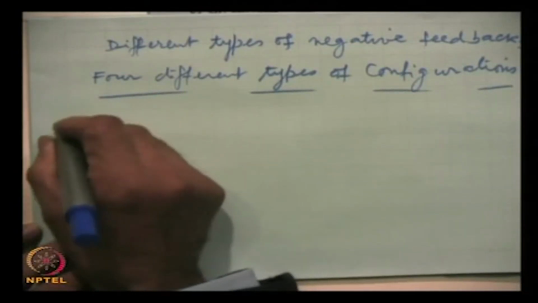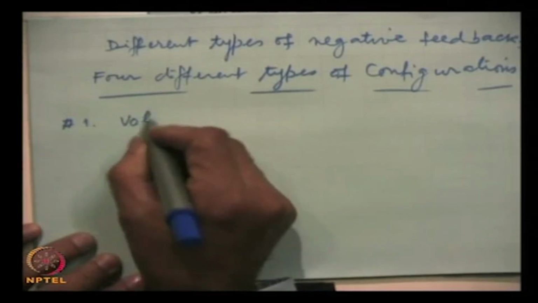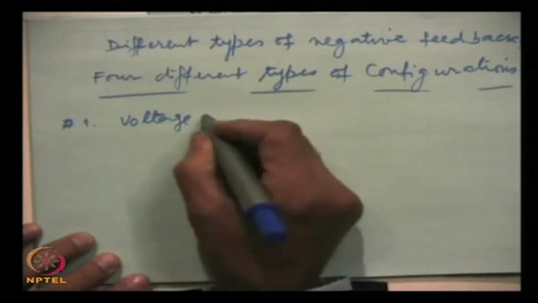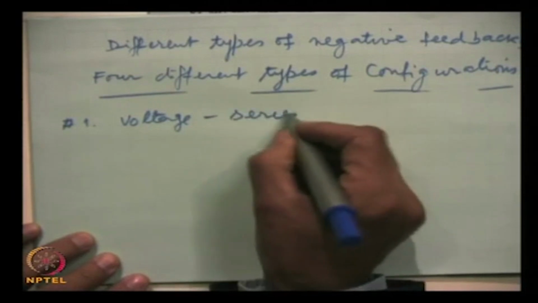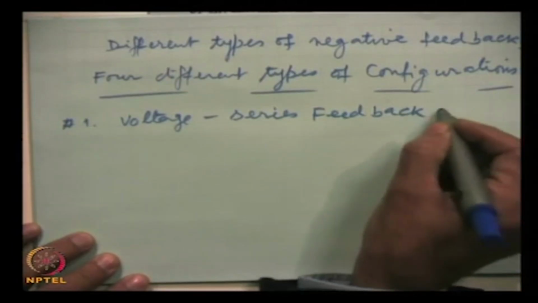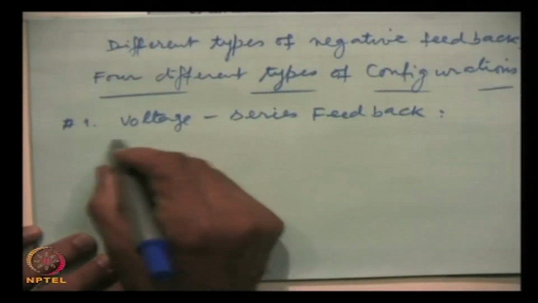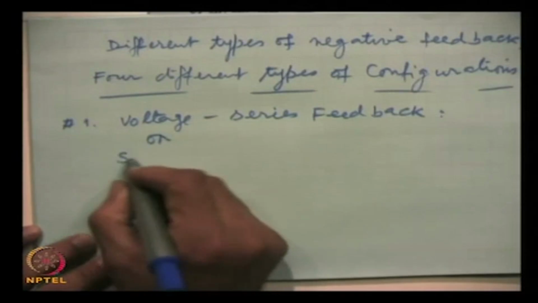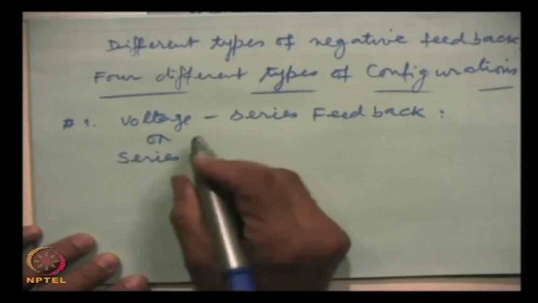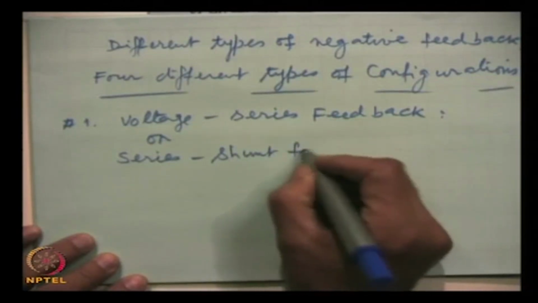First is voltage series feedback, and this is also called actually series shunt feedback.